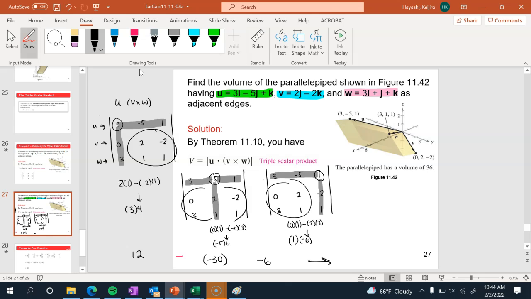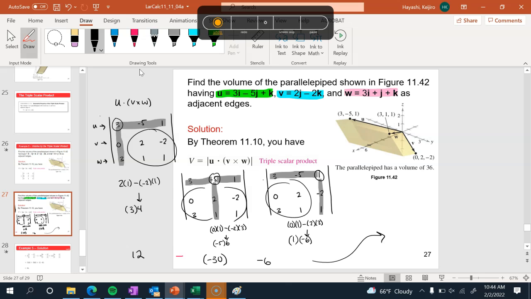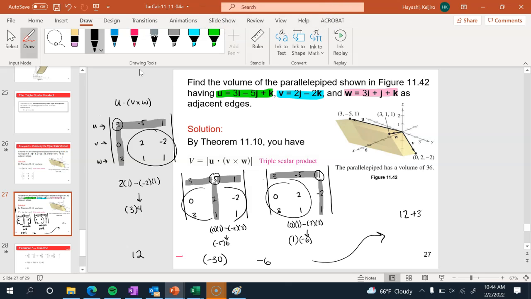Okay. So what we get is 12 plus 30 minus 6, which is 36. Right? Yeah. 36. And if it were negative 36, we just take the absolute value and get 36 anyways.